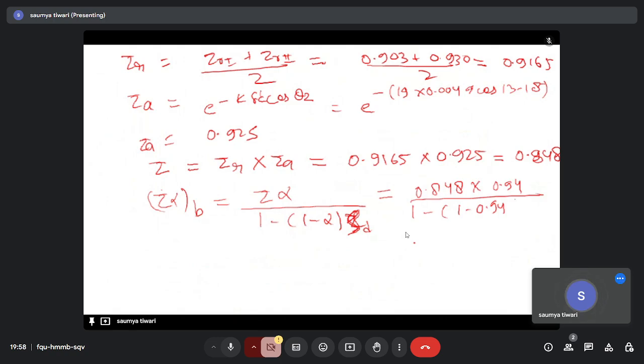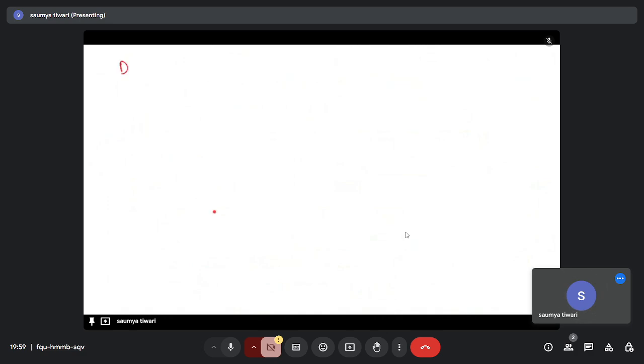The rho d value we need to calculate, so for that we will first go for the diffuse radiation. For diffuse radiation, the angle of incidence that we assume is 60 degrees. Let me solve it on the next page.